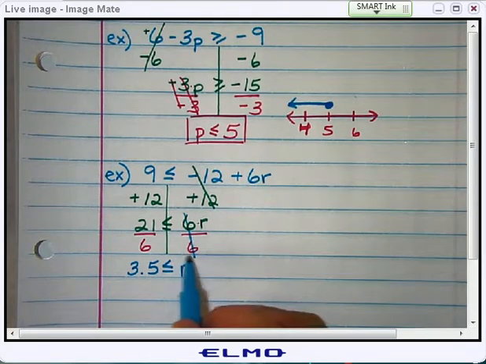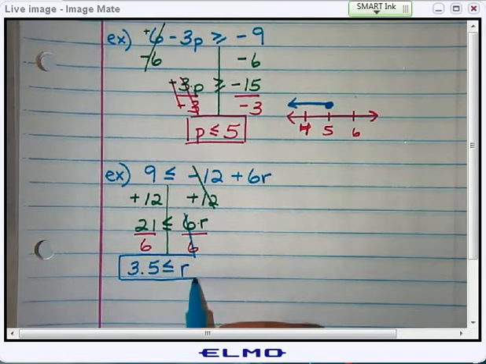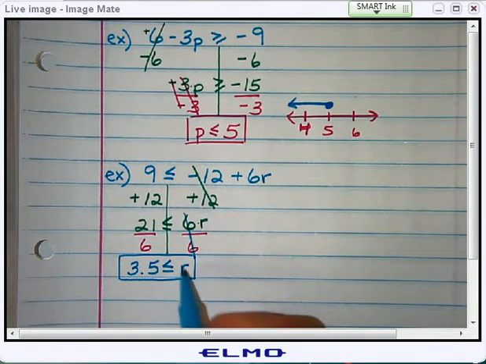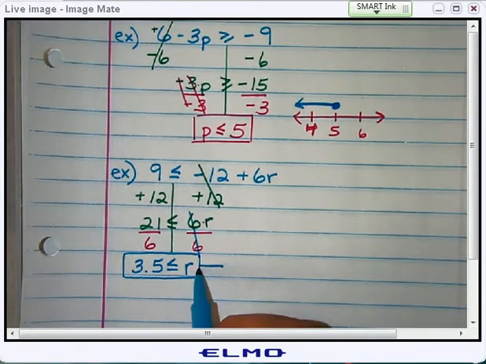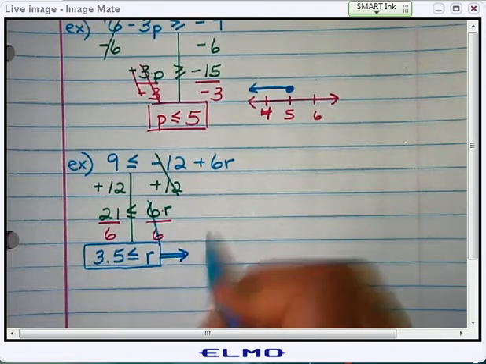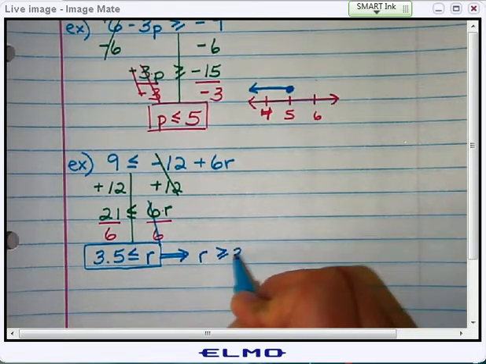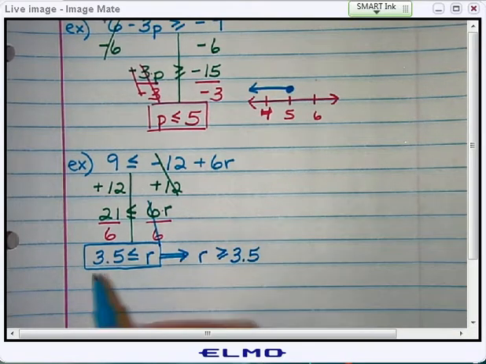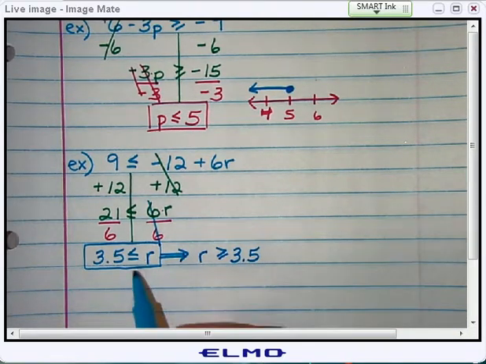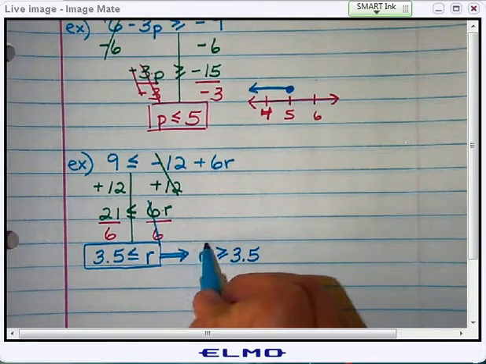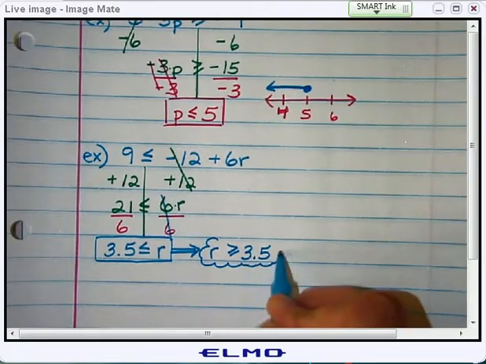Of course, r is on the right side of the inequality, so if that ever happens with your solution, I like to take a minute and turn the whole thing around. That way it's easier for me to see which way to shade on my graph. So if 3.5 is less than or equal to r, that means r is actually greater than or equal to 3.5.